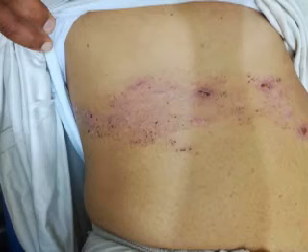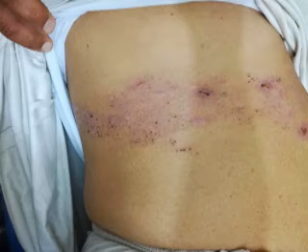It starts immediately the premonitory symptoms are felt or within 48 hours of the onset of the condition. And also you give diclofenac oral in adults 50 milligrams 8 hourly for 7 days, or you can give ibuprofen oral in children 5 to 10 milligrams per kilogram 6 hourly for 7 days.